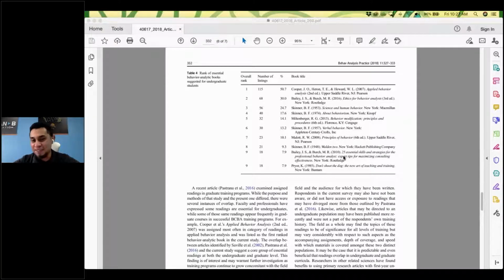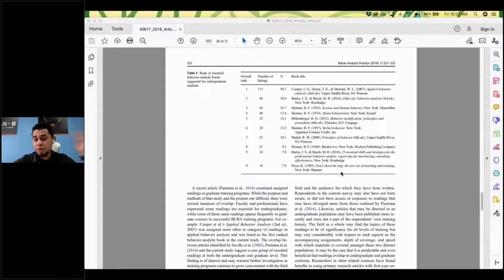I have the next one, Bailey and Burch, which is 25 Essential Skills and Strategies for the Professional Behavior Analyst: Expert Tips for Maximizing Consulting Effectiveness. It's another really important text. And this one right here is really cool that it made the list, Pryor 1985, Don't Shoot the Dog: The New Art of Teaching and Training. I heard that it's really good. I haven't had a chance to read it, but I actually have it in my library.